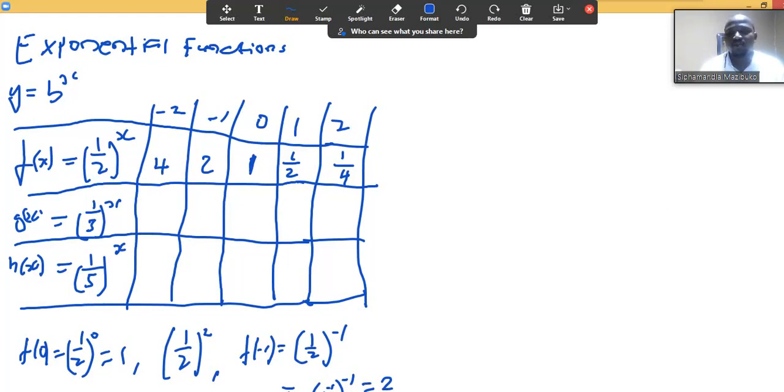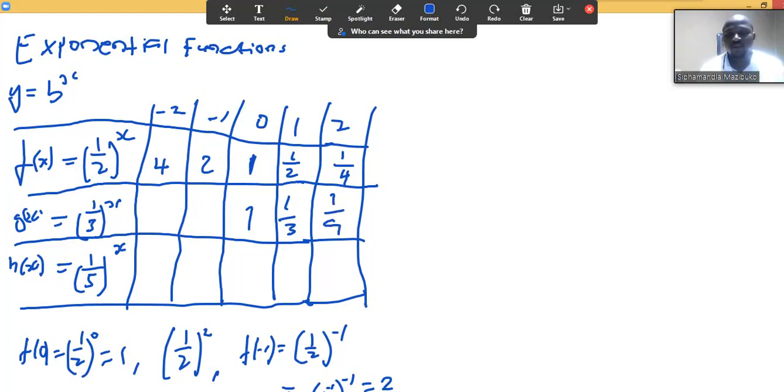What happens if we're looking at g at x now? If x is 0, obviously you have 1, and if x is 1, you have 1 over 3, and if x is 2, we'll have 1 over 9. You can put it on a calculator to see it.